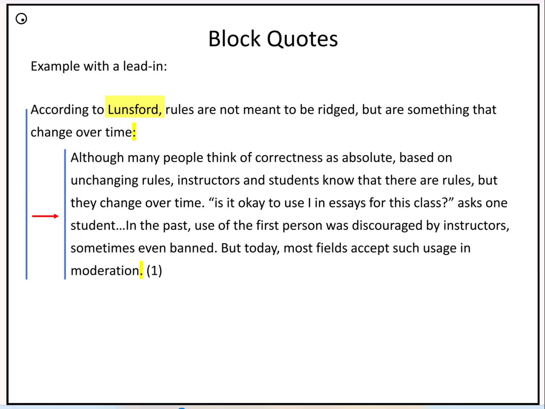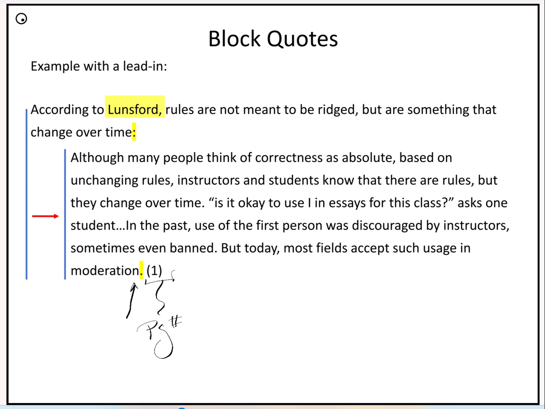Normally the period you would see in a regular quote would be right after your parenthetical citation. But in a block quote, that's not what happens. You have the period right here, right after the quote, and then you have your parenthetical citation, page 1. So your page number.